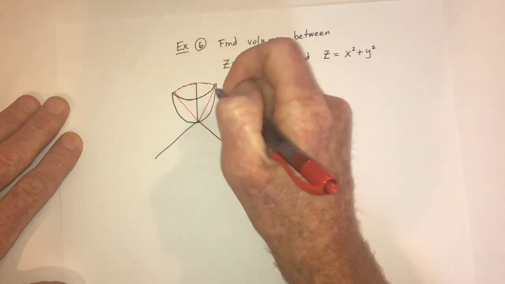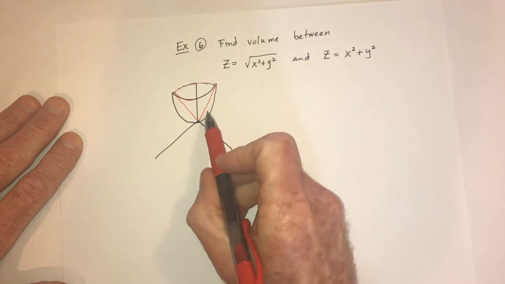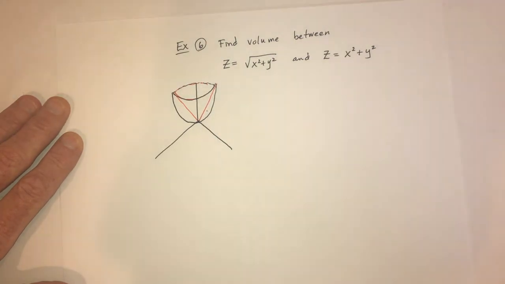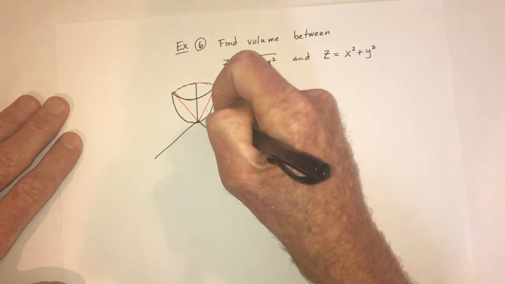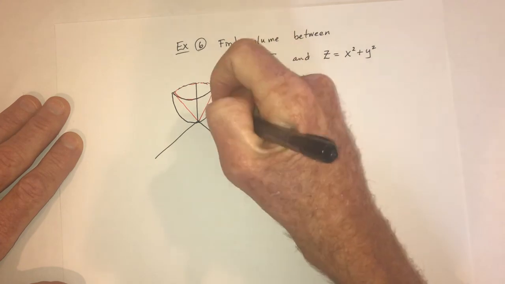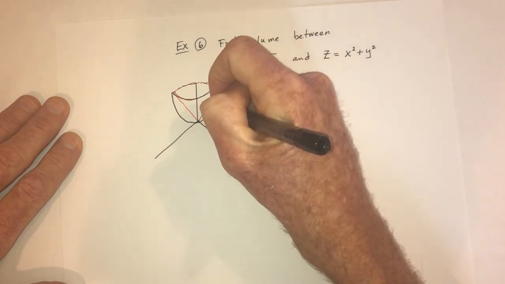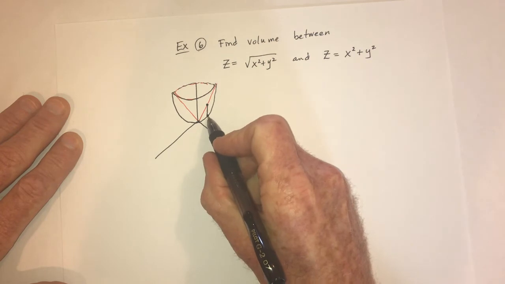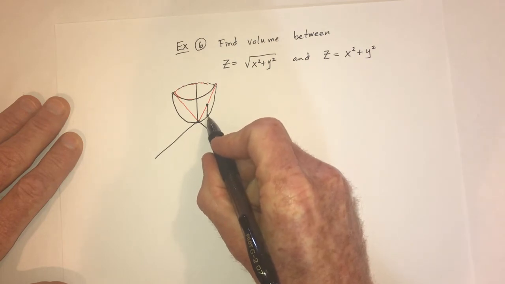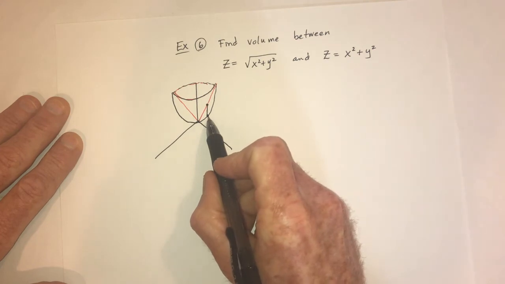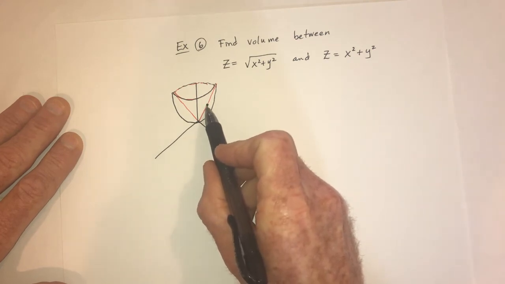Dot, dot, dot. So then we're supposed to find this volume that's between them. So that means that the z value is going to go from at the bottom of the paraboloid until it gets to the cone right there. So it's going to go from the one that doesn't have the square root, just x squared plus y squared, to the red one that does have the square root.